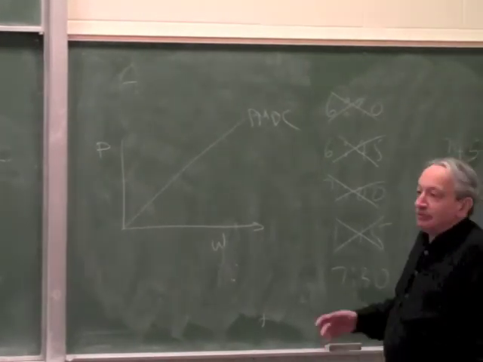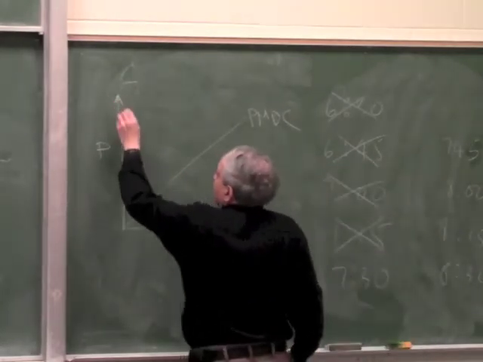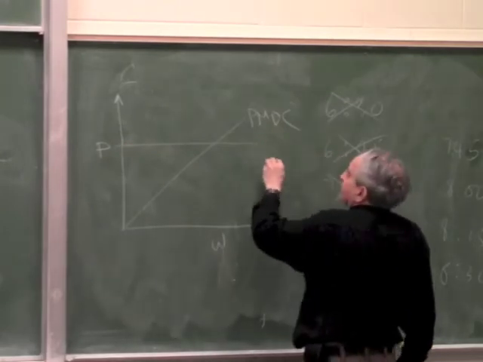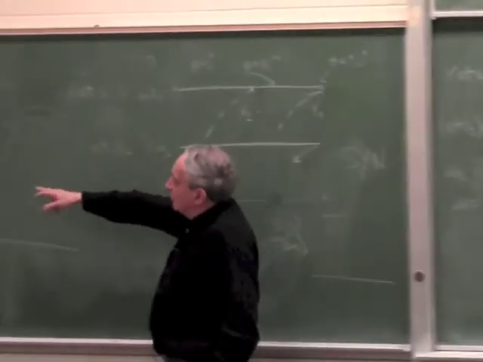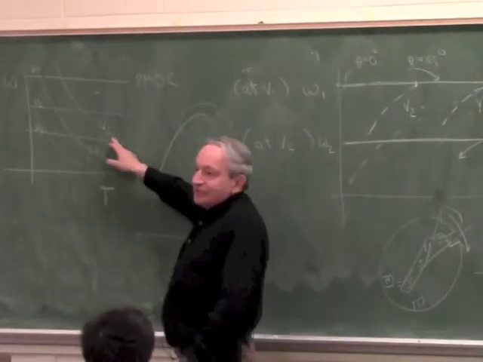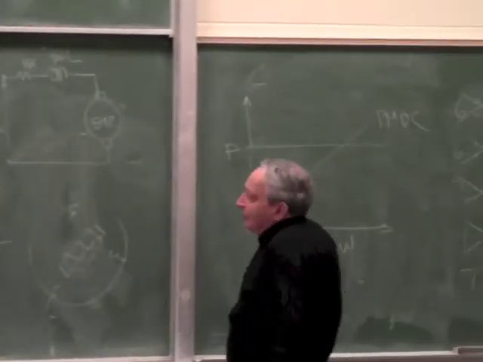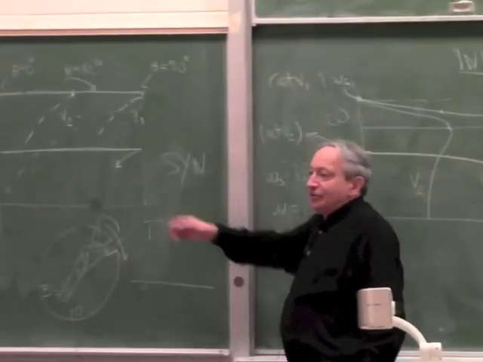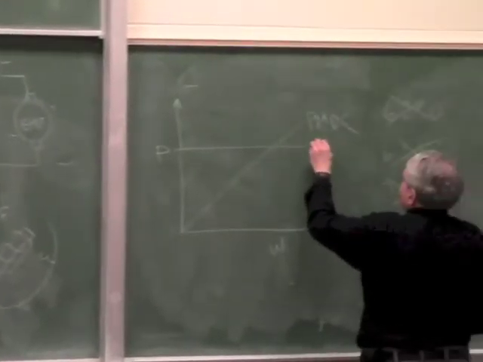A series wound motor, as we discussed before, because of its nice 1/x behavior, will look like this. Power is constant. Because a series wound motor, torque times omega is constant, and torque times omega is power. Okay, so power will be constant. Okay. Now, how will a synchronous motor like this look on this curve? So this is the series motor.